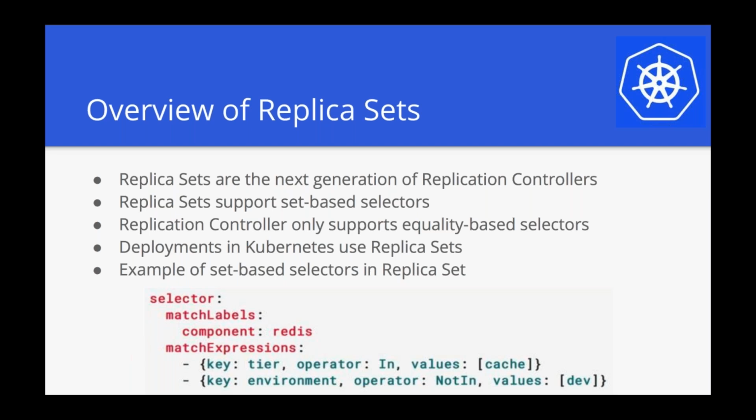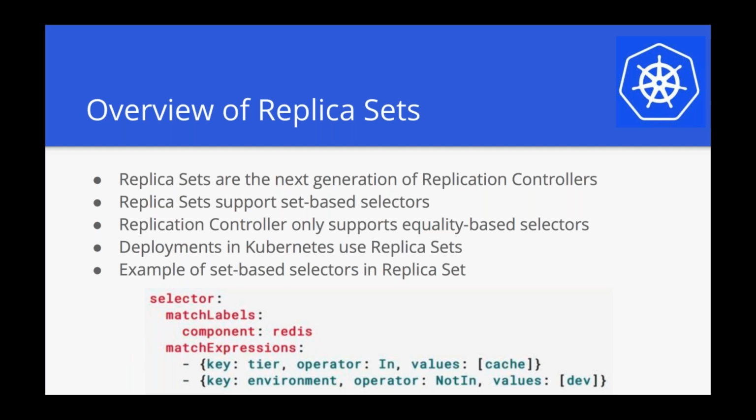In a typical replication controller, you use an equality or inequality operator. You'll always say my pod should match a specific value, or it shouldn't match a specific value. Whereas a replica set is far more sophisticated, and you can use more complex expressions to match the pods.